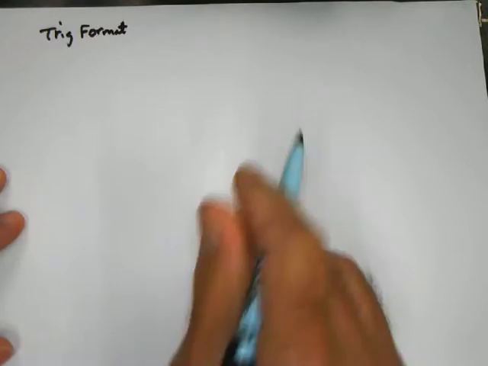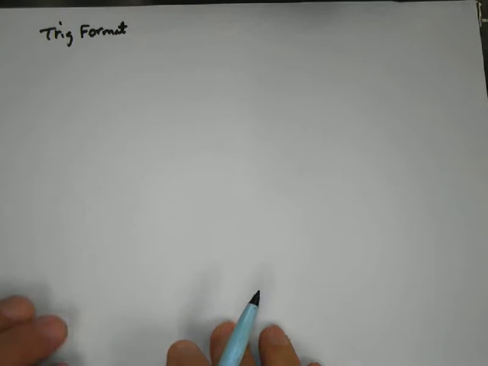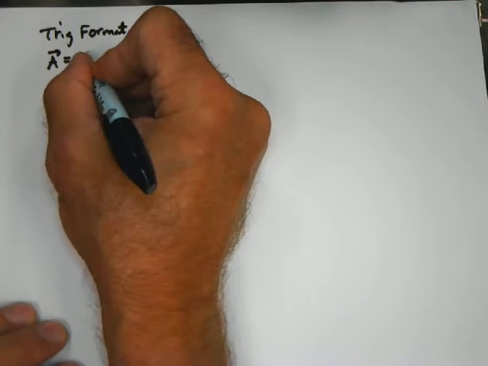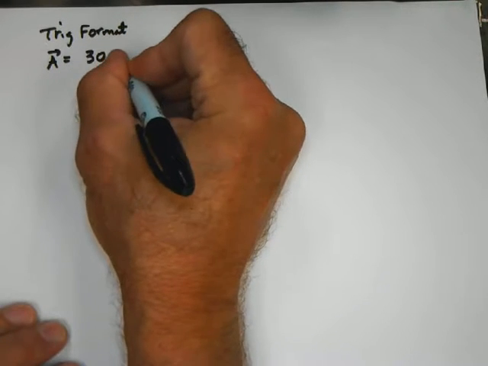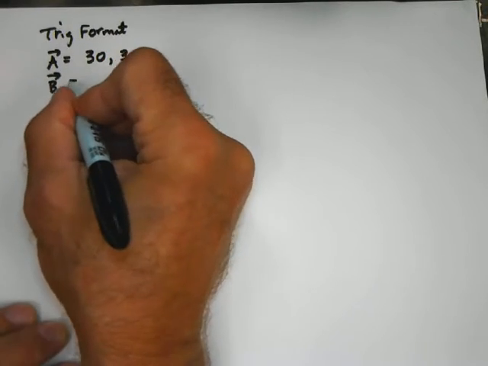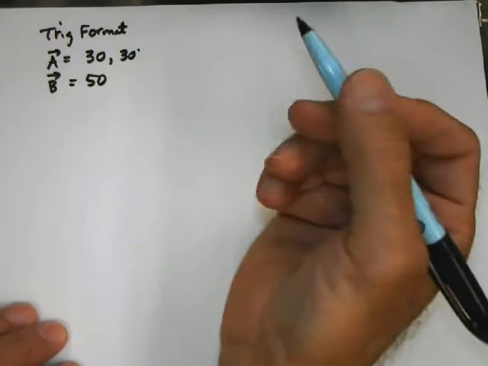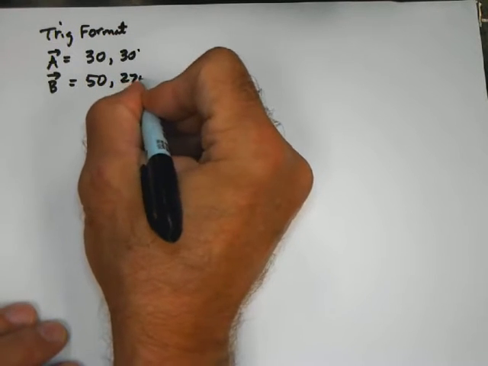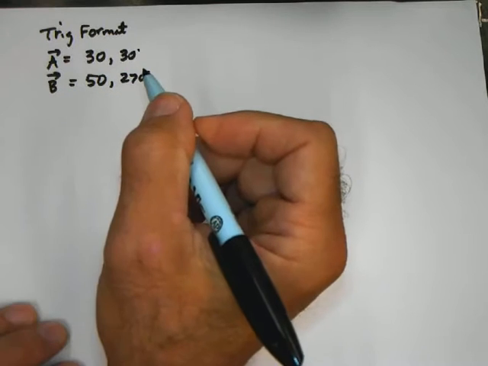Okay, so let's say that we have three vectors. Vector A, let's say it's a velocity of 30 meters per second at a 30-degree angle, and vector B is, let's say, 50 meters per second or whatever. I'm not even putting units down, at a 270-degree angle, with reference to the positive x-axis.